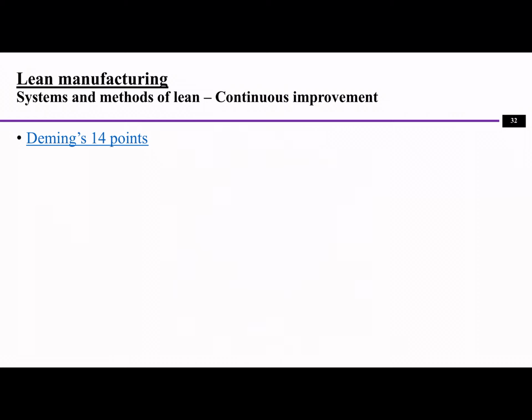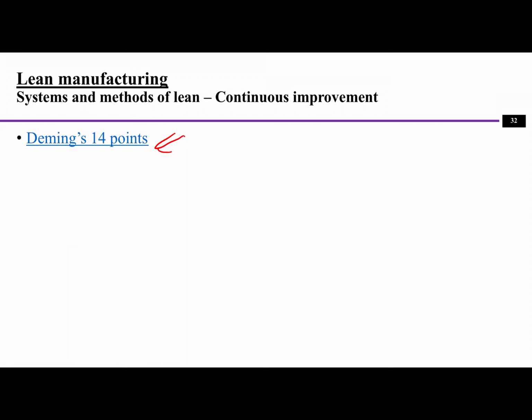Well, Deming also has a lot of lectures in management. So I encourage you to watch this video and look at how he talks about management. Deming's 14 points are very useful.